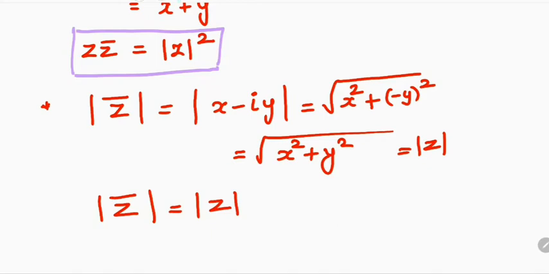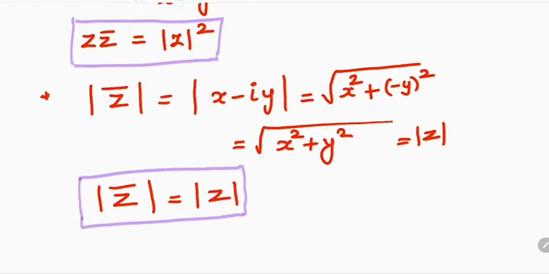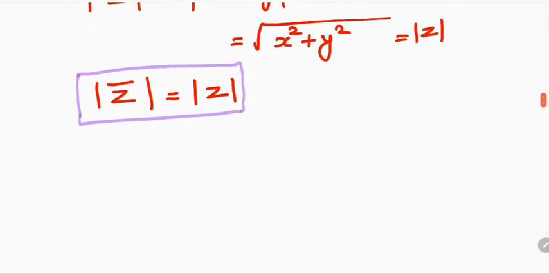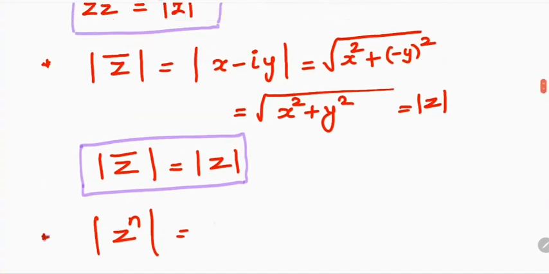What is the next property of modulus? Next one, we are moving to modulus of z to the power n, that can be written as modulus of z to the power n, where n is an integer.